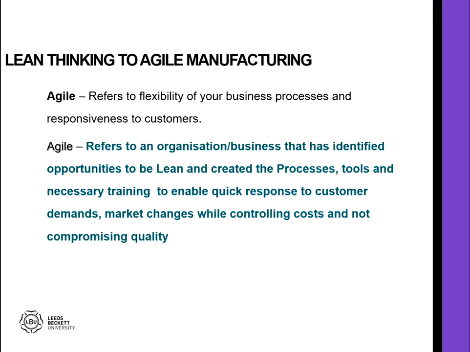Agile refers to an organised business that has identified opportunities to be lean and created the process, tools and necessary training to enable quick responses to customer demands and market changes while controlling costs and not compromising quality. So it's listening to your customer, being able to change things, but that makes it harder to be lean as well.